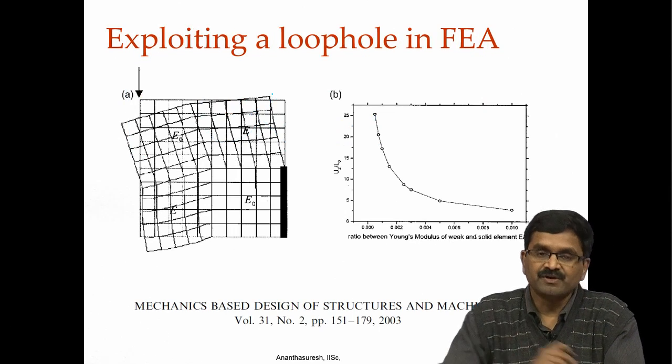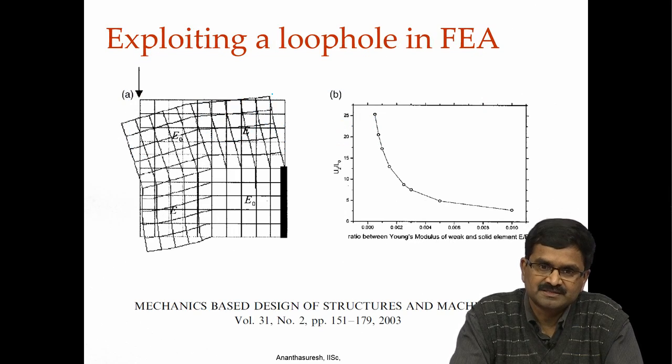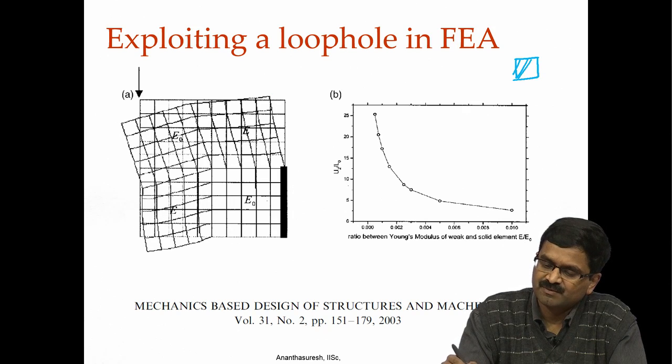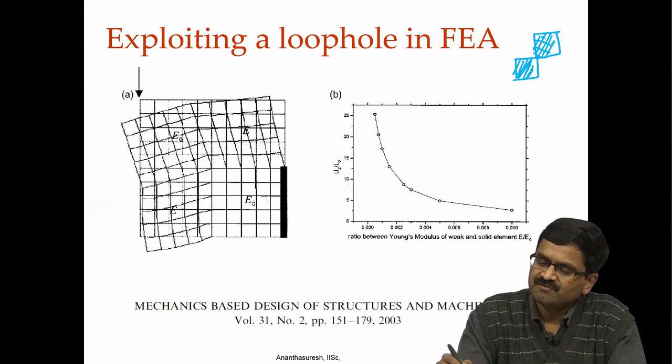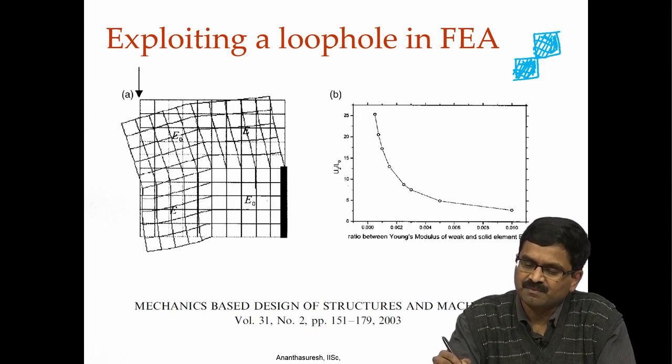One way of saying it is that in these algorithms, in the iterative process, we are doing finite element analysis. This finite element analysis has a loophole when it comes to these point flexures. That is, if I have one element which has complete material and another element also complete material, and these two are joined at a point, you might think that finite element analysis might have some problem.